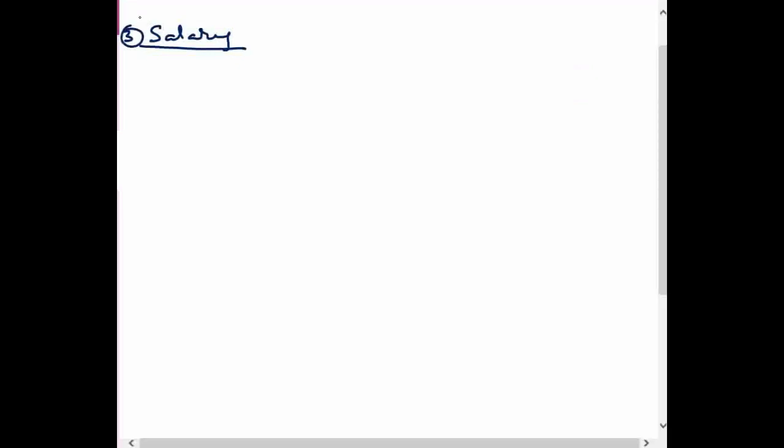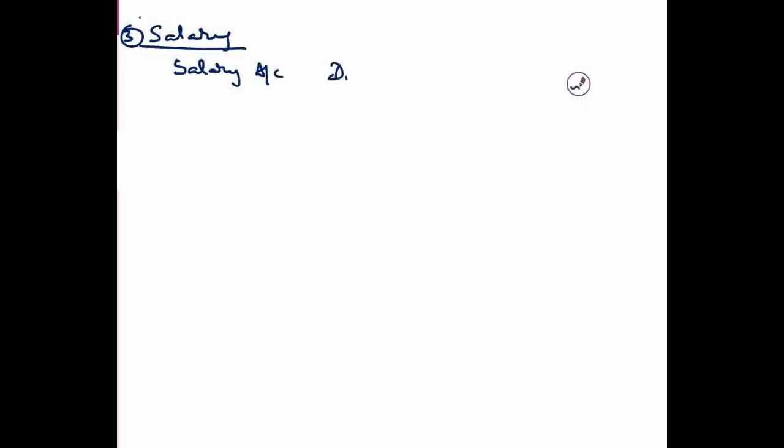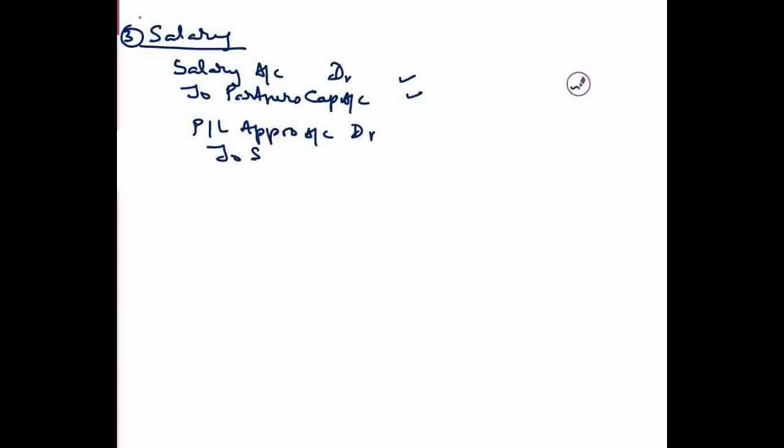Next distribution would be for salary. This is the third entry. For salary, what is the entry we pass? Salary is an expense, so again salary account debit to partner's capital account. And for transfer of salary to PL appropriation: PL appropriation account debit to salary account.